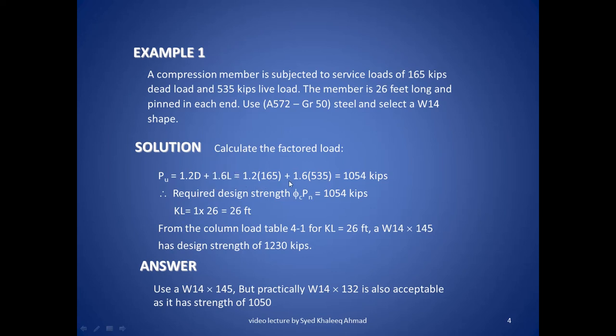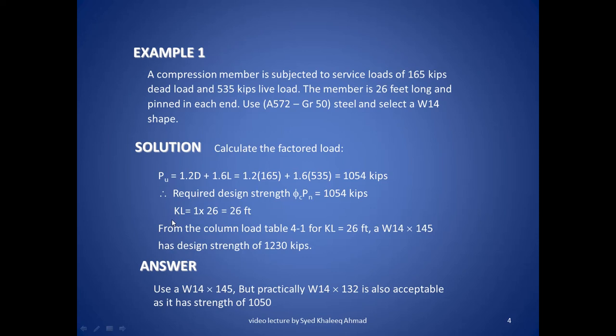When we multiply with these corresponding load factors, we get the design load as 1054 kips. So the required design strength, phi c Pn, will be 1054, because your section should be able to take this much load. It should not be less than the design load.